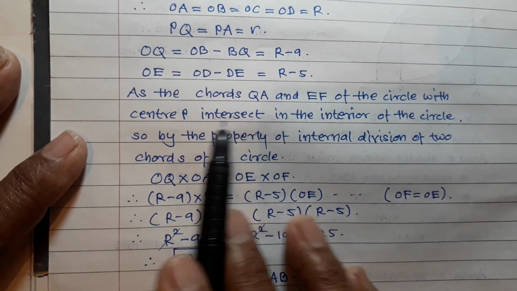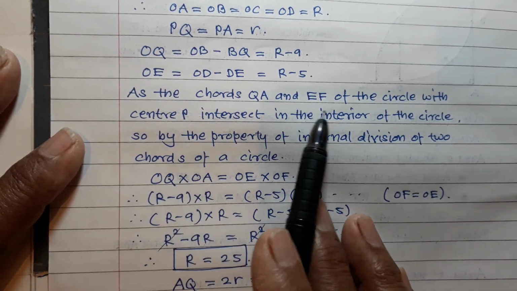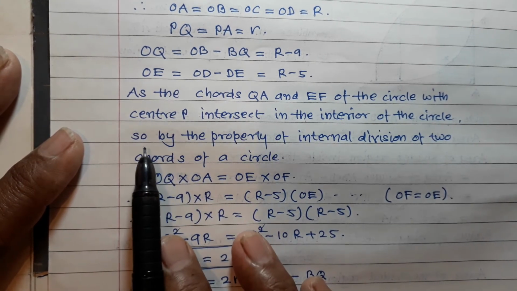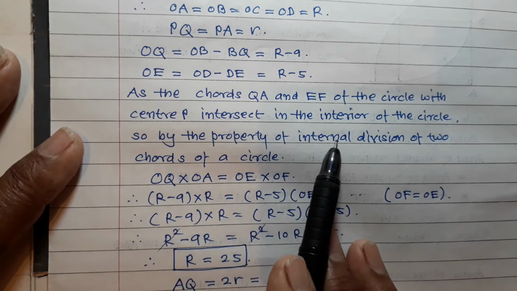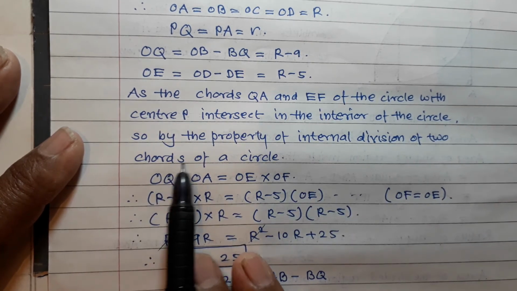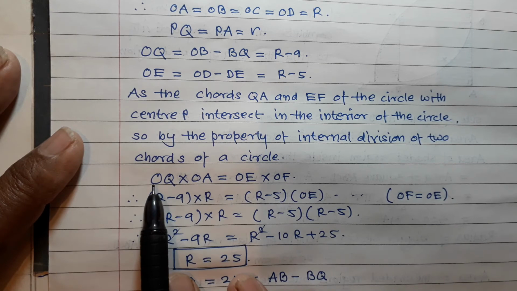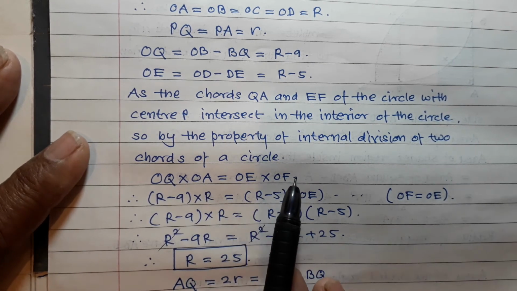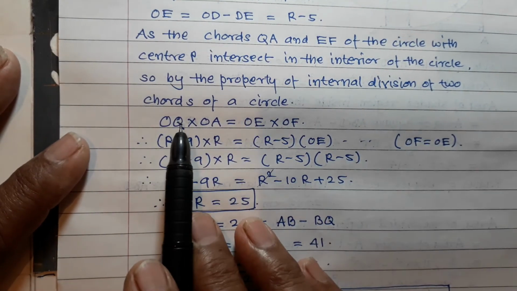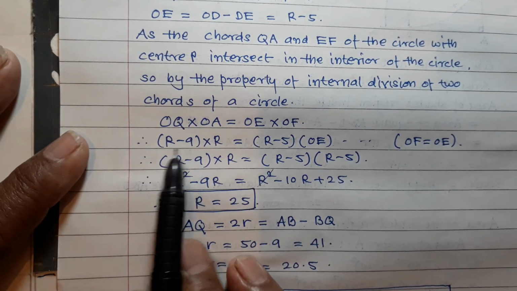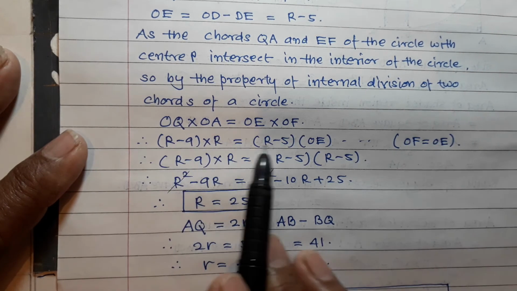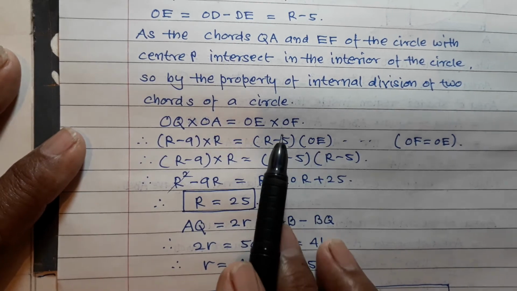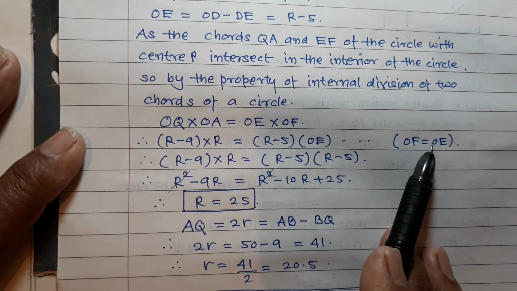So these two are chords and they intersect each other in the interior of the circle, and so by the property of internal division of two chords of a circle, OQ into OA is equal to OE into OF, and therefore (R minus 9) into R is equal to (R minus 5) into OE, because OF is equal to OE.